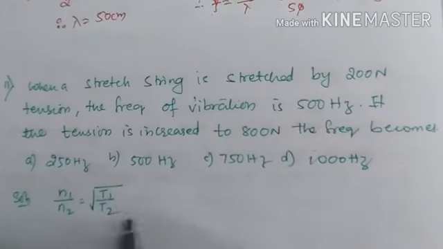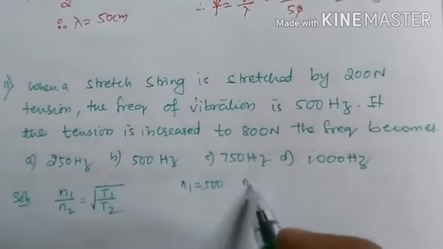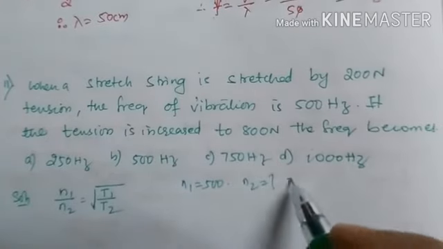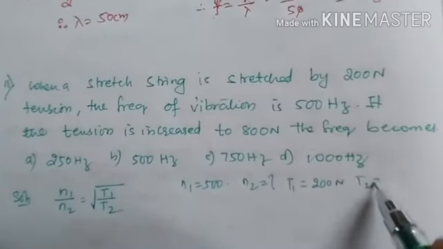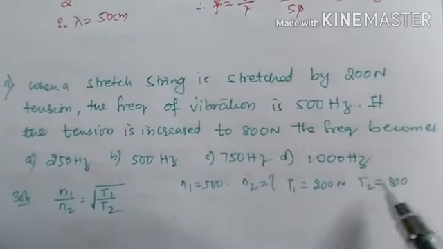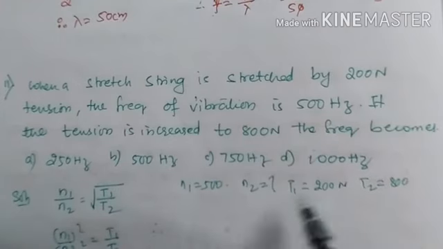Then what will be the frequency? That means N2. N1 is given to be 500, N2 we have to find out. T1 is given to be 200 Newton, T2 is 800. So now square on both the sides: N1 by N2 whole square is equal to T1 by T2. Now what we are interested in is the new frequency, N2 square.